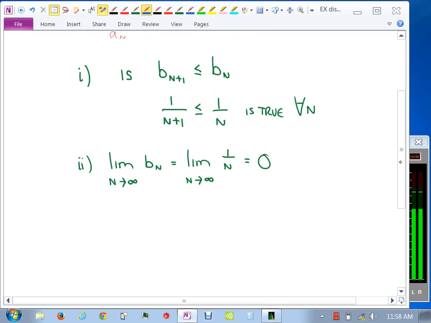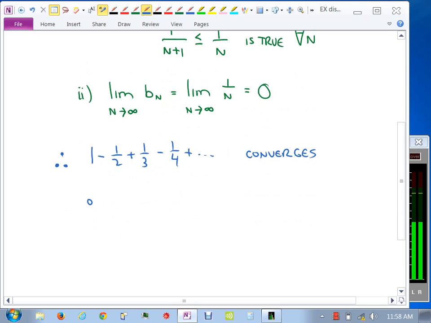Therefore, what? What's my final conclusion? 1 minus 1/2 plus 1/3 minus 1/4 converges. Well, you could write this, or you could write sum a sub n converges.